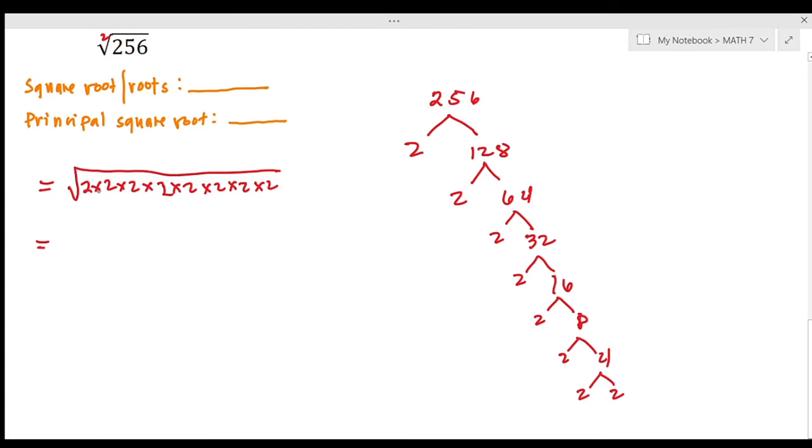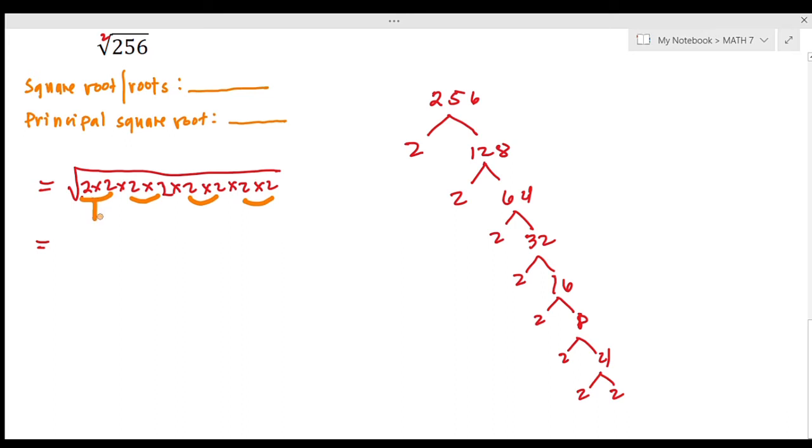So mag-pair out tayo ng mga numbers. Ano yung mga pwede nating i-pair or i-partner na numbers? So we have this 1, 2, 2, 2, 2.